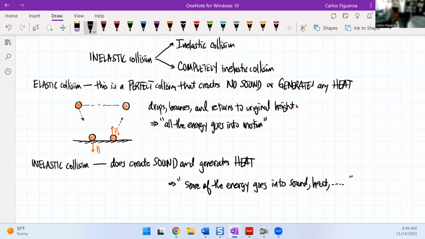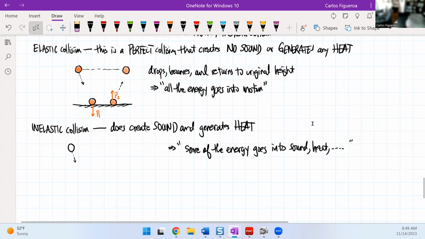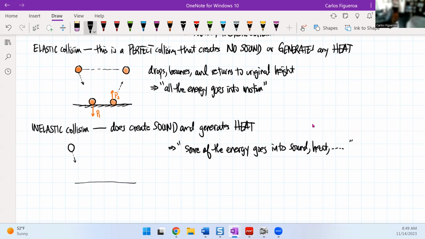And so in this situation, when you drop the ball and it does hit the ground, I look at that momentum right before, momentum 1.